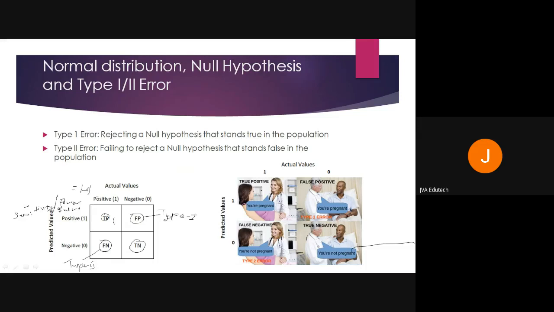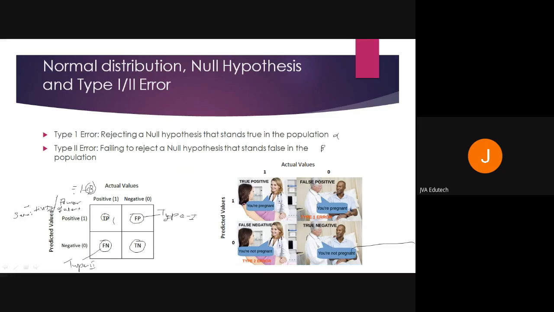So here let me tell you, type 1 error is denoted by alpha and type 2 error is denoted by beta. So minimizing type 2 error is known as the power of a test, also known as sensitivity, and is equal to 1 minus beta. If you are minimizing this beta, this value will increase and hence the power of a test will also increase.